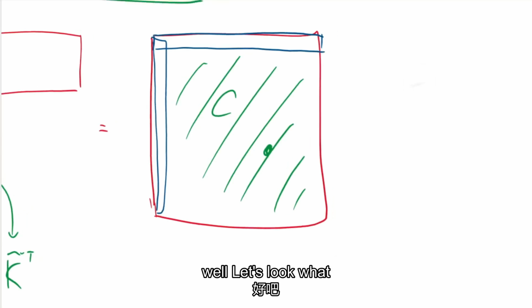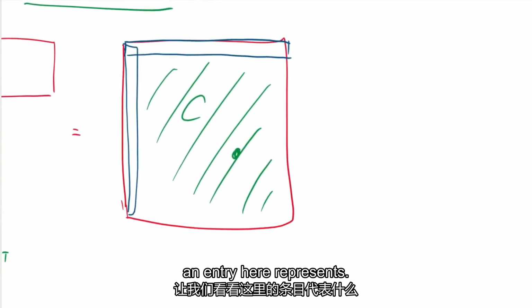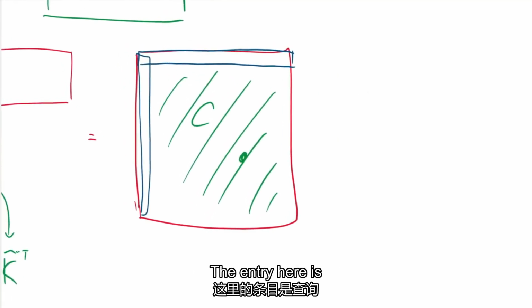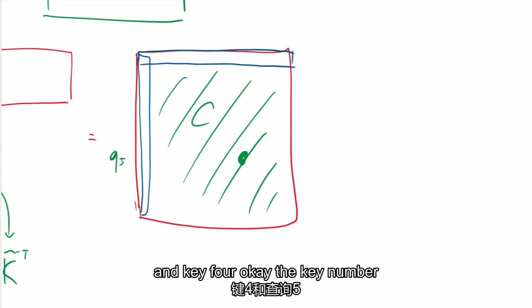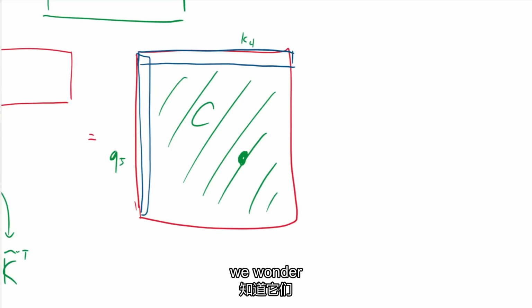Well, let's look at what an entry here represents. The entry here is the interaction between query, let's say query 5, and key 4. We wonder, how do they relate to each other? What's their inner product?